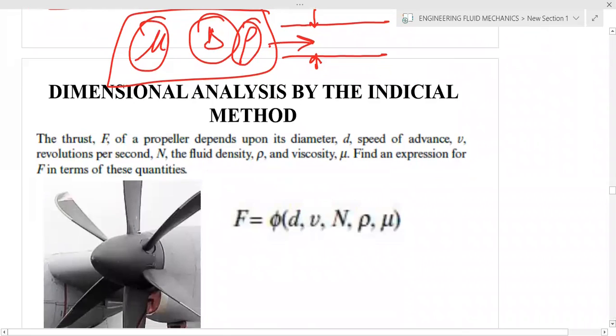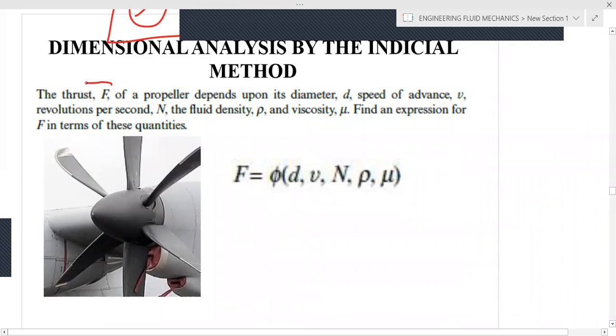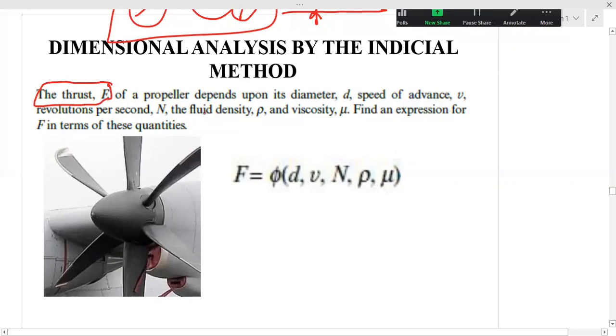Now, to demonstrate this point, this is a propeller, and you are asked to find out the thrust force F of a propeller. So what all parameters will it depend on? What do you think?